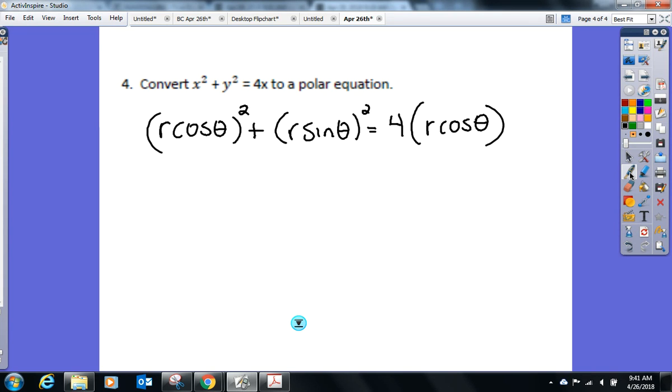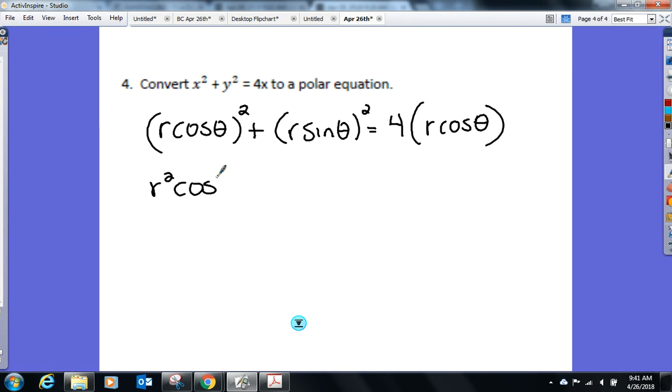Let's just finish this up. R cosine squared. We know it's R squared cosine squared theta plus R squared sine squared theta. No big deal. And then what are we getting on the other side? 4R cosine theta.